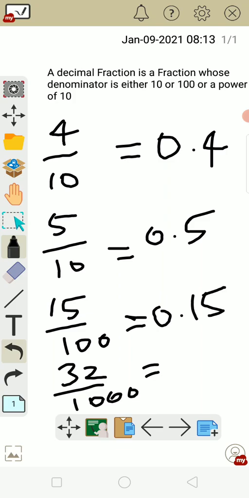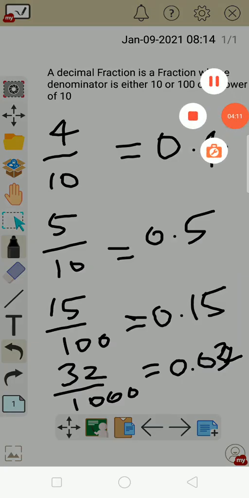Then 32 upon 1000 we can represent in another format like 0.032. Okay, thus students, the numbers 0.4, 0.5, 0.15 and 0.032, these all are decimal numbers or decimals.